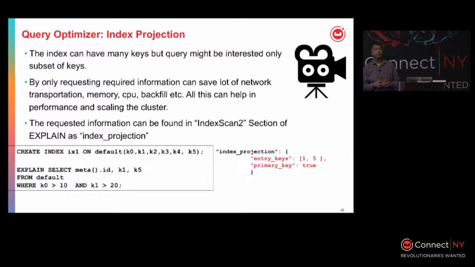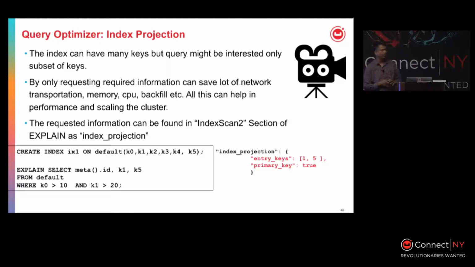The third thing is, prior to 5.0, let's say you had an index with 10 keys, and your query only had two filters on 2 keys and projected 3 more keys from the index. Your query is only interested in the 5 keys that you used, but the index would return all the 10 keys whether you required them or not.